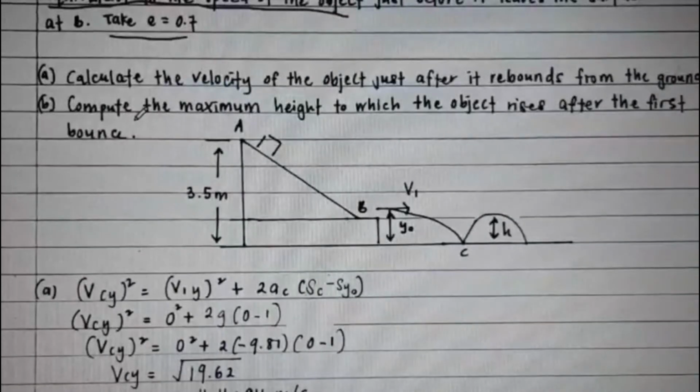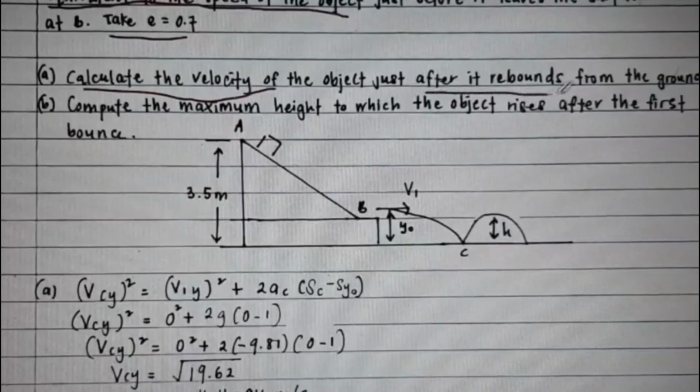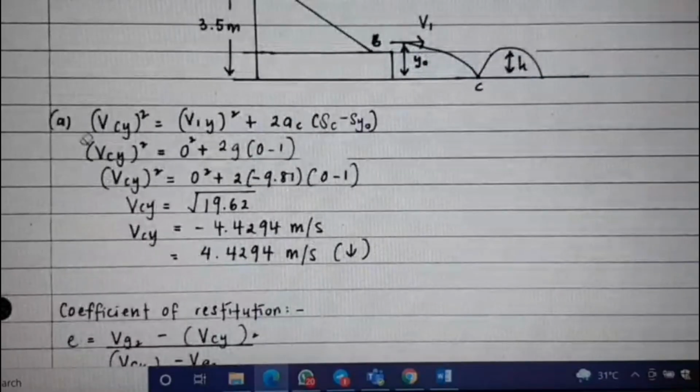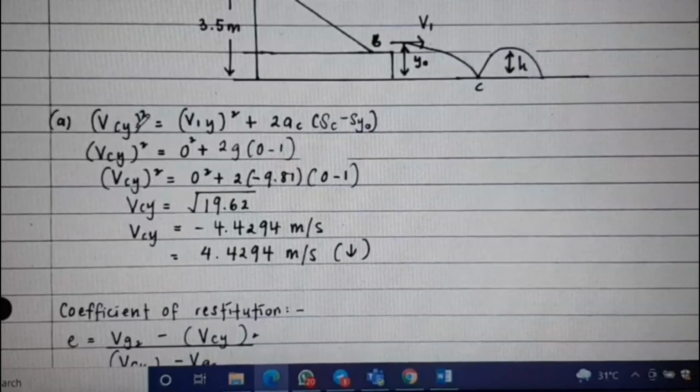For question A, the question asks to calculate the velocity of the object just after it rebounds from the ground. First, we use the projectile motion equation, which is vcy squared equals v1y squared plus 2a times sc minus sy naught.